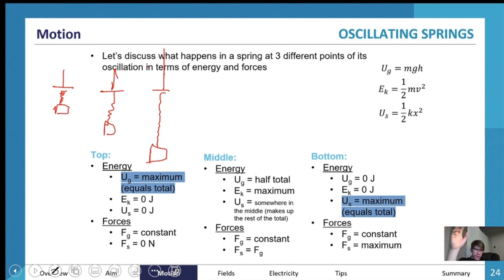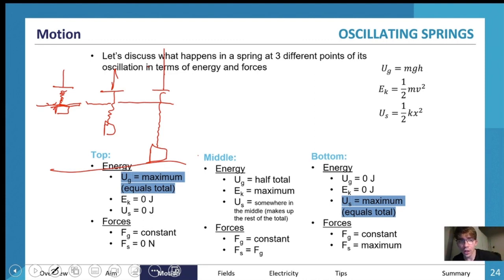So the idea is, at the beginning, assume the spring is at its resting length. And assume the end, at position number 3, the spring is touching the ground.